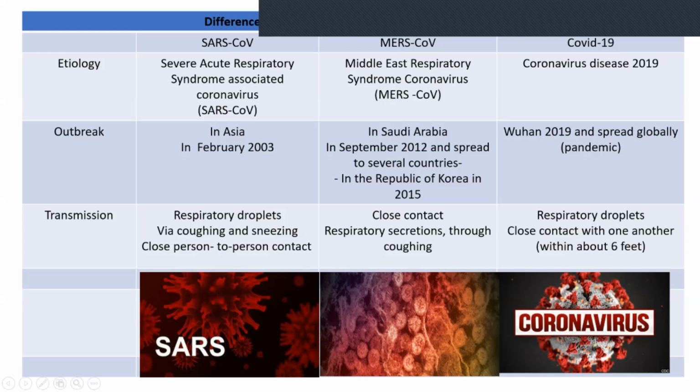COVID-19, as I told you, started in December 2019 and right now has spread globally. All three have the same transmission route, by respiratory droplets or close contact with one another within 6 feet. This is the transmission route.